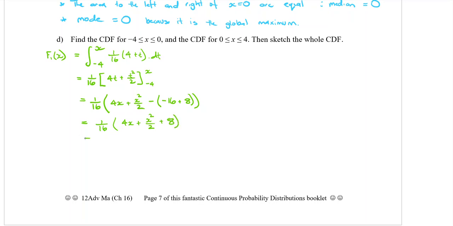And if I don't like that fraction out the front, we could times the fraction through now. Put that 1 over 16 through. So 4 over 16 would be x over 4. Then x squared over 32, because you're timesing the 16 and the 2 together. They're both in the bottom. And then plus 8 over 16 is a half.